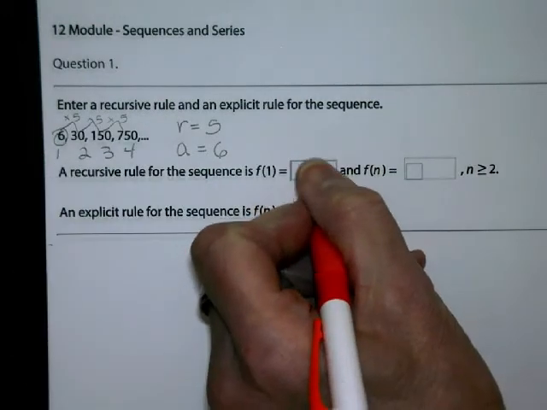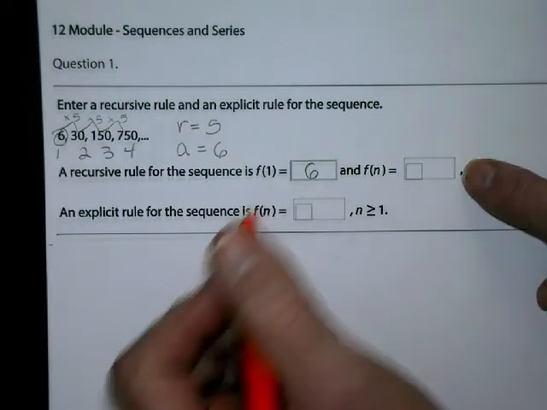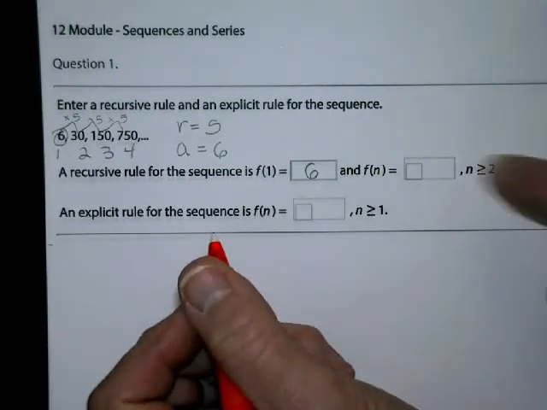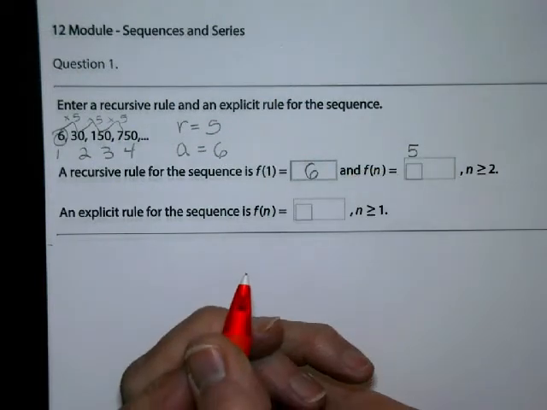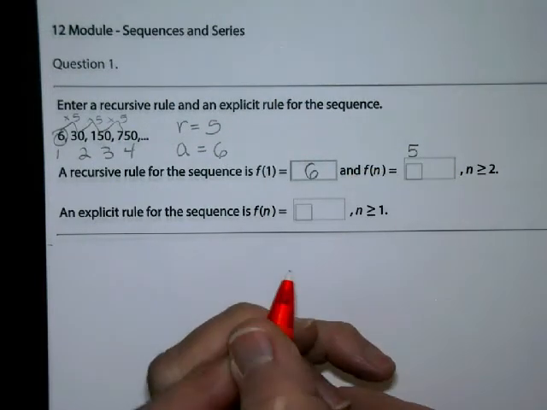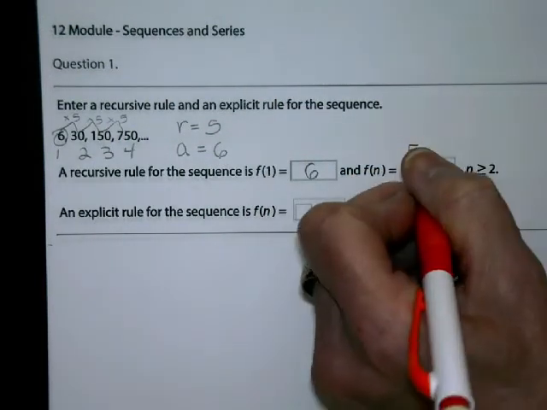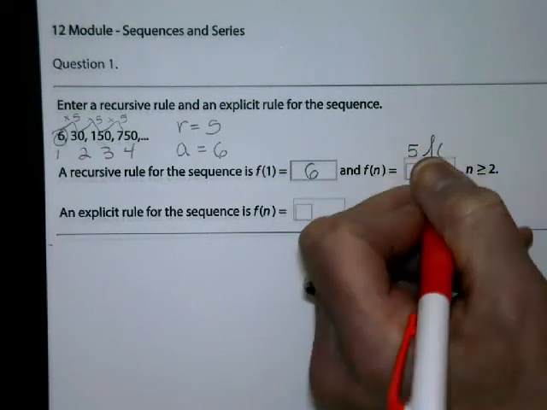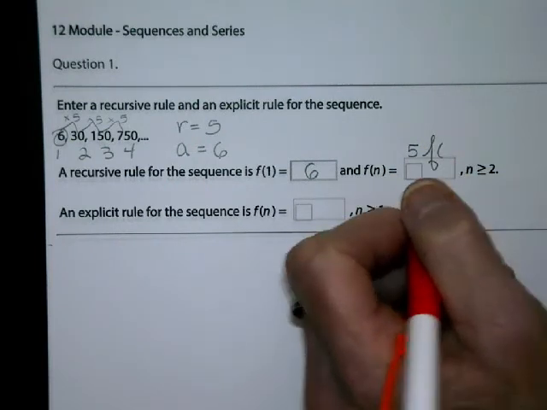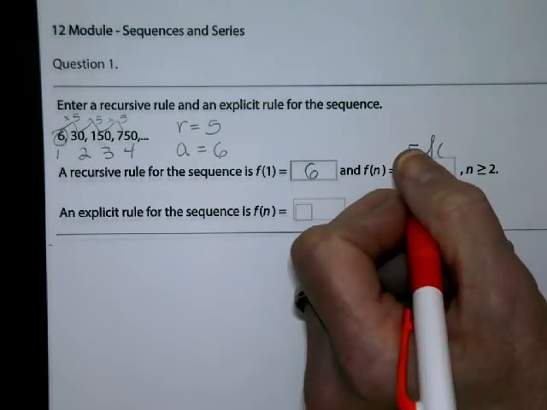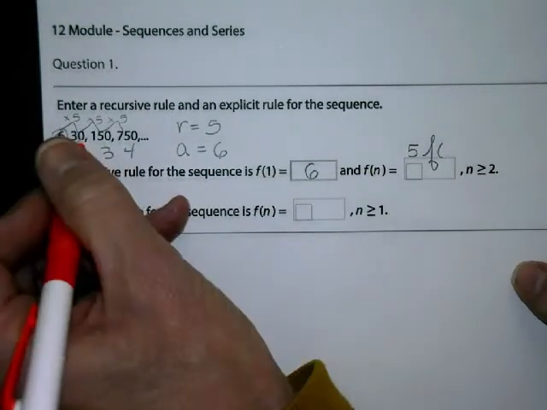So I put my 6 here, and now my next part of the story has to take that common ratio, and here's where I'm not sure. You don't put a little x as far as I know. You just type the function sign, and then here I have to take the term before it and multiply it by 5 in order to get my next term.